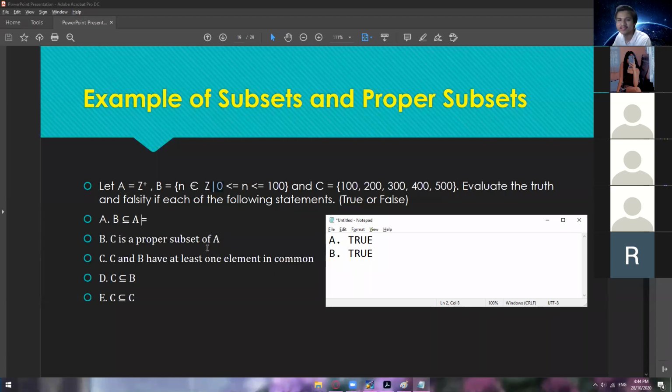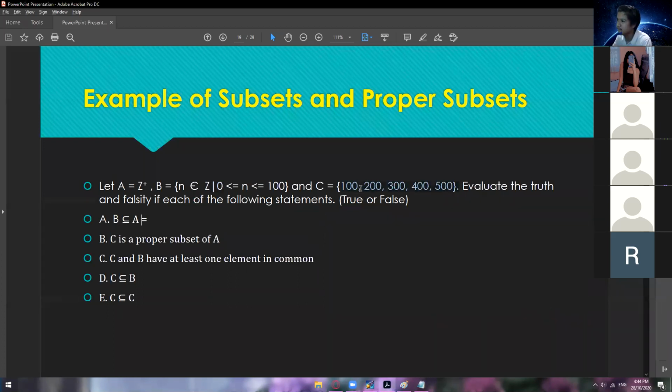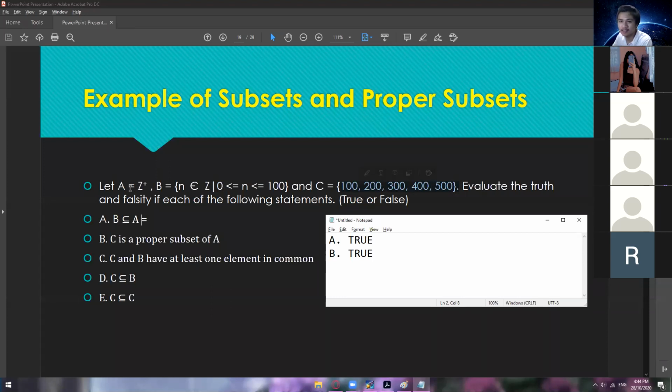If you take a look at this one, 100, 200, 300, 400, and 500, all of those elements can be found on set A. Our only condition for a proper subset is that there is at least one element in the superset that cannot be found in the proper subset. So that is already a proper subset.